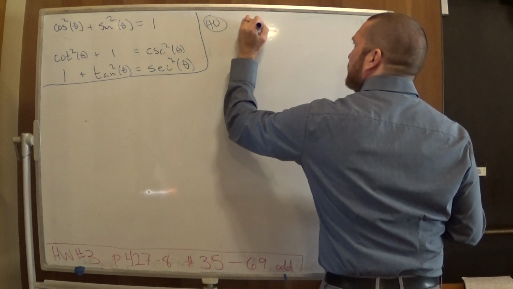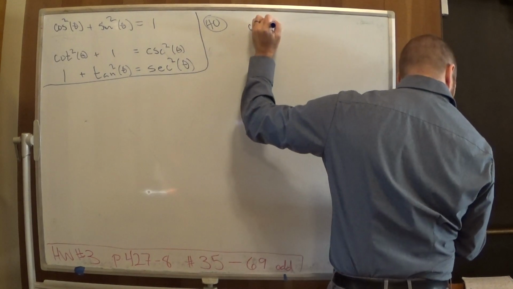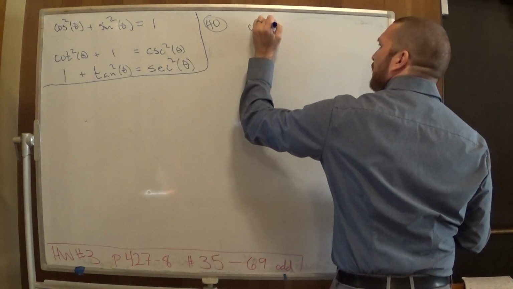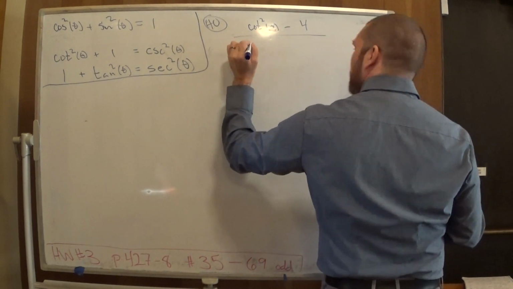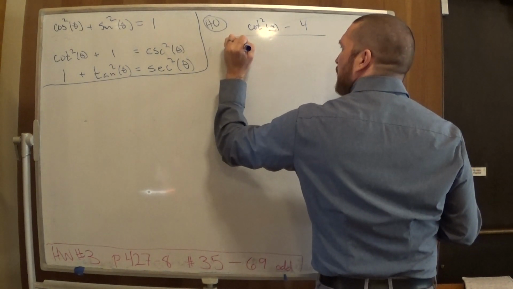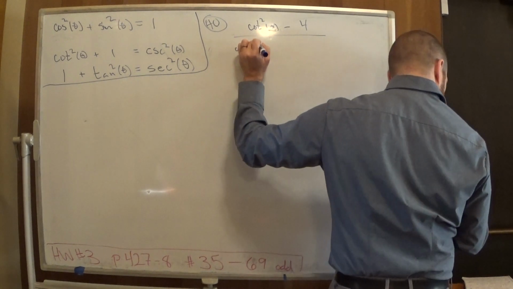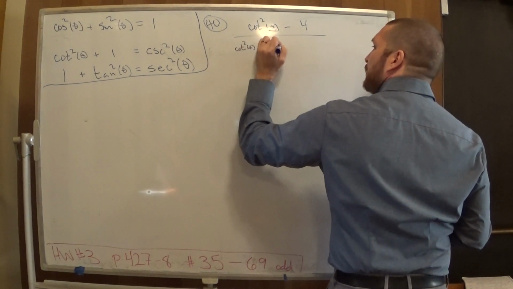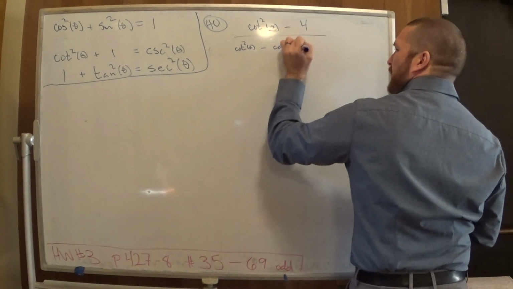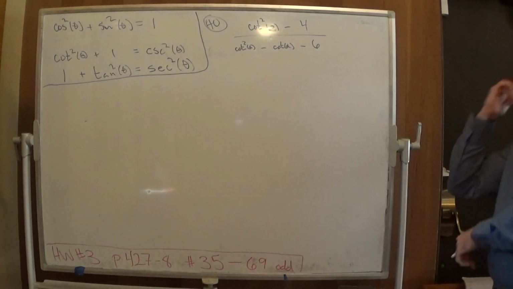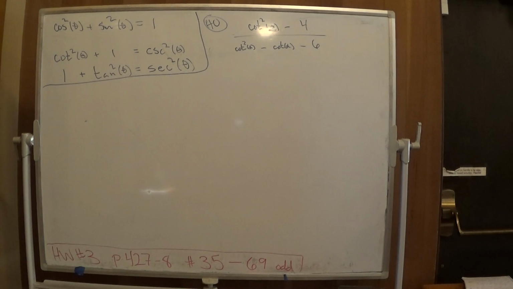And we have this: cotan squared alpha minus 4 over cotan squared alpha minus cotan alpha minus 6. Any ideas on what to do with that?